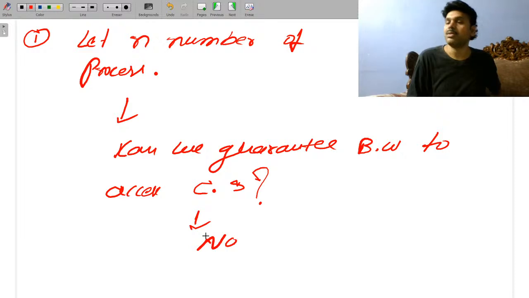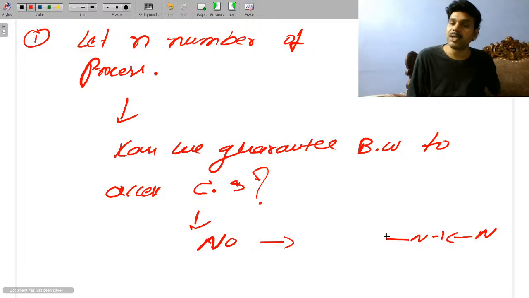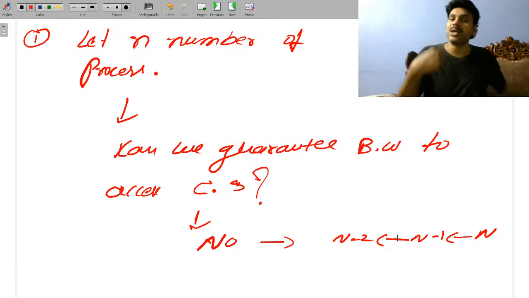In this case, it is infinite waiting for the nth process, because the nth process depends on n minus 1, and this depends on n minus 2, because process synchronization is nothing but order of execution, one by one, to acquire the shared resources.